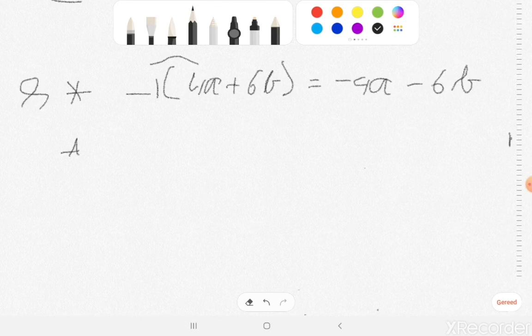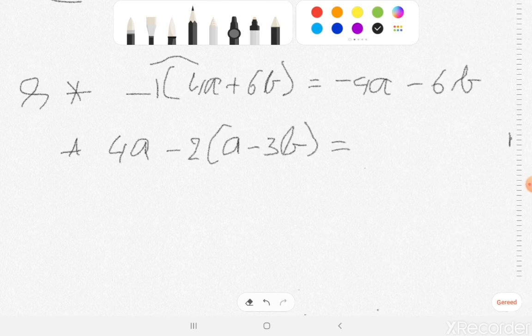But what if we have 4a minus 2 inside brackets a minus 3b? You will find those kinds of exercises later in this paragraph. Now, if you have those exercises, do nothing with the 4a. So what we do is copy 4a in the next line.